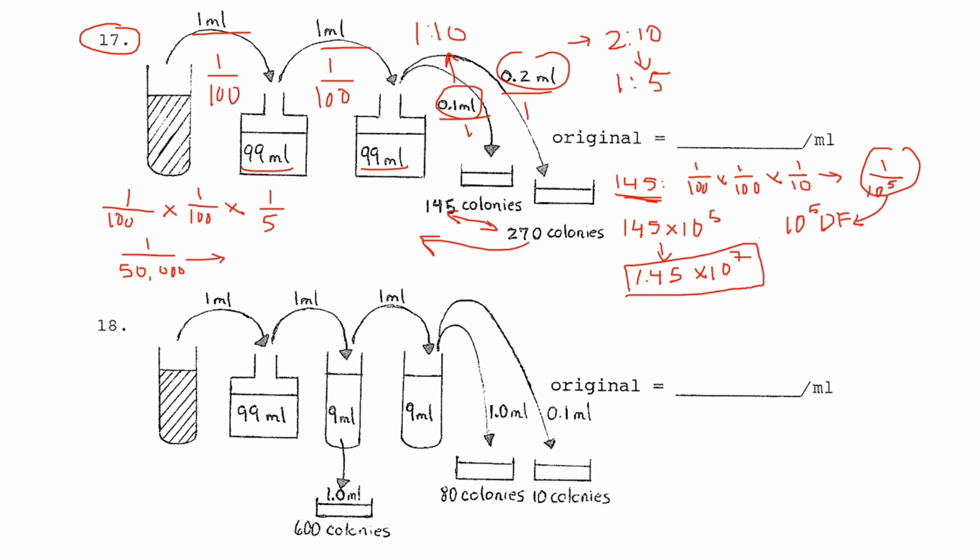Remember, we take the inverse of that and multiply our colonies by it to get our CFU per mil. So it's 270 times 50,000, right? And so that will give us the 1.35 times 10 to the 7th.